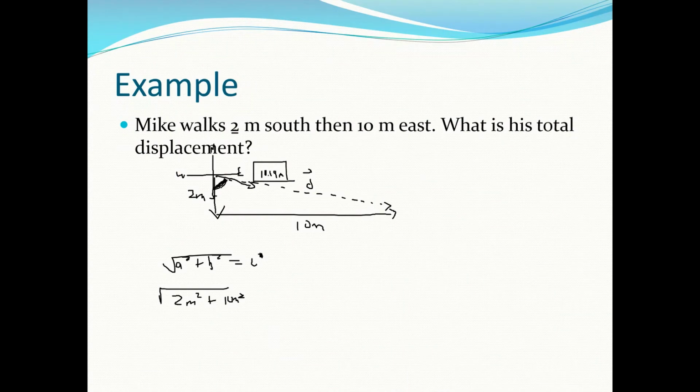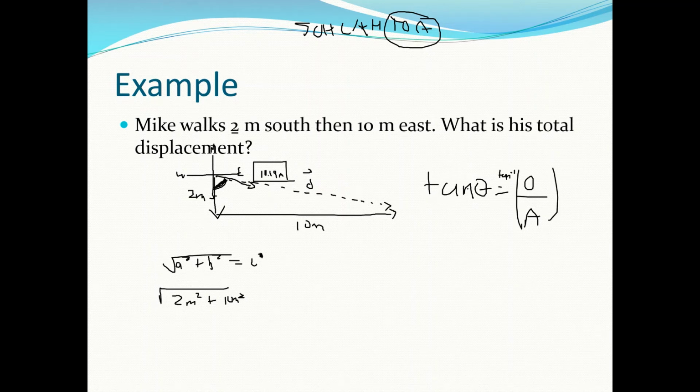If we want to find this angle, well, we have opposite, and we have adjacent. So we can write out SOH CAH TOA. And if we have opposite and adjacent, we want to use tan. So we have tan theta is equal to opposite over adjacent. I want to find theta, so I have to move tan, so I make it tan negative 1.